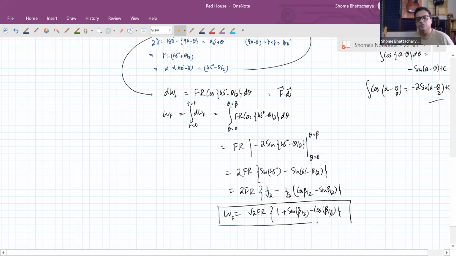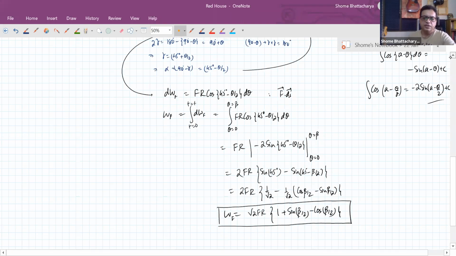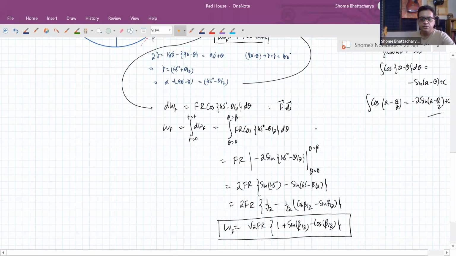So this is the value of F that we'll get. I mean, this is the work done by F that we'll get. So you just check on my integration and calculation and everything once if you like, but it seems to be this only.